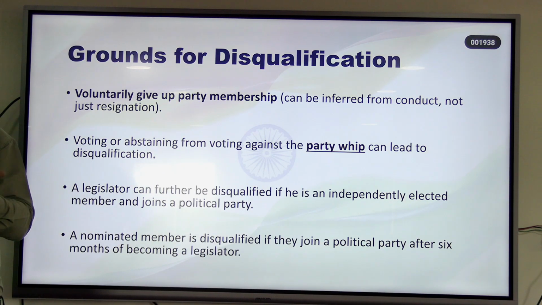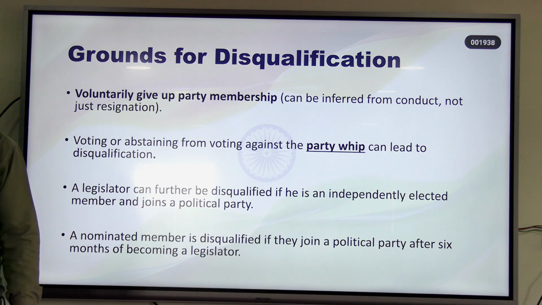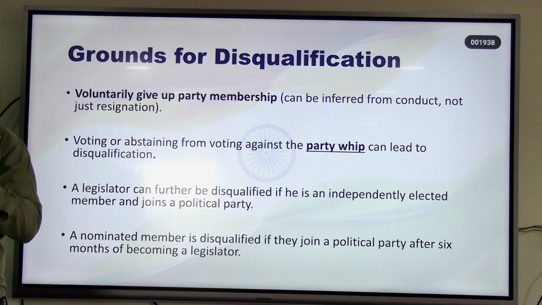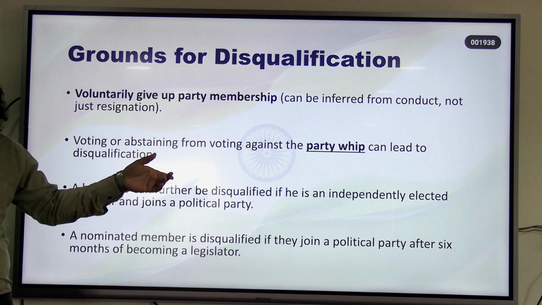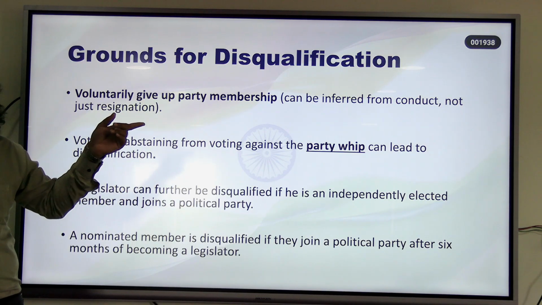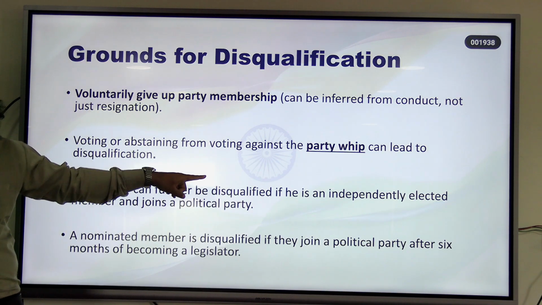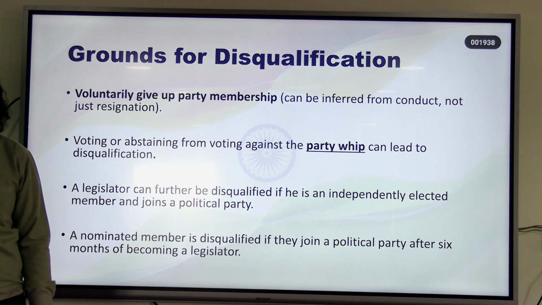So any person appointed as chief minister, prime minister or council of ministers, meaning not a member of the legislature house, if they join any political party after the expiration of 6 months, then that legislator will be disqualified under the anti-defection law.